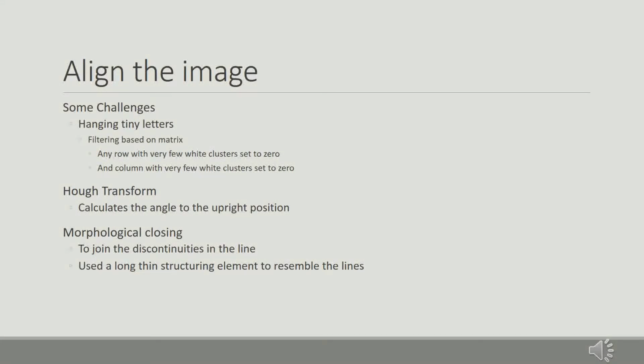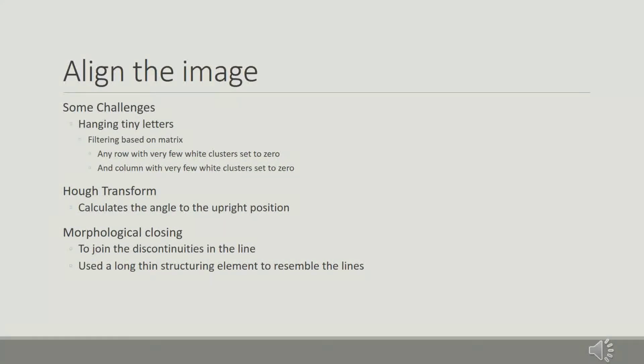Then we do the Hough transform. Hough transform basically detects the line and gives the angle of that line with respect to the horizontal. So if the image is misaligned, the angle at which the nutrition fact horizontal line is tilted is the angle at which your image is misaligned, and you want to revert by the same amount in the opposite direction to get the image properly aligned.